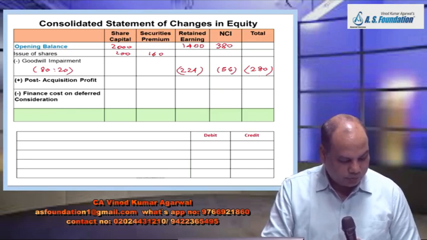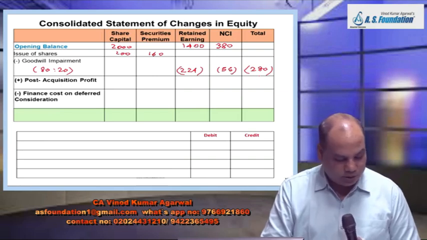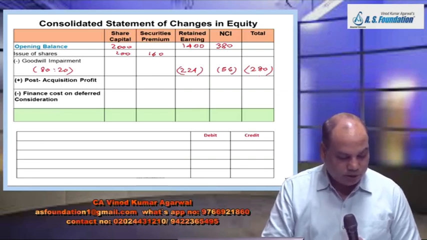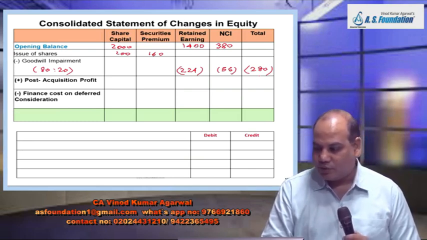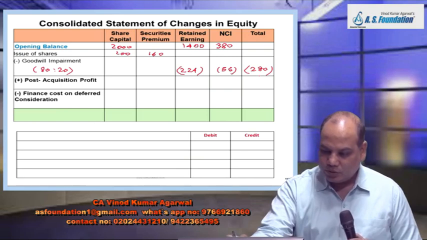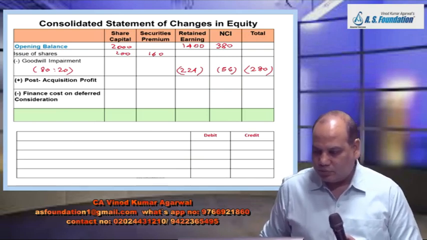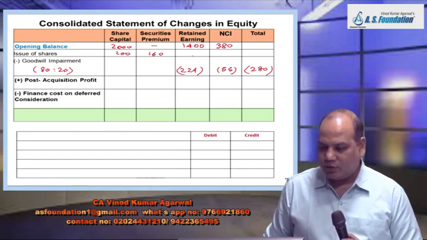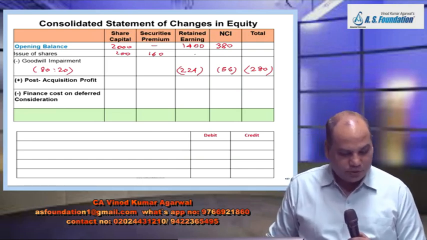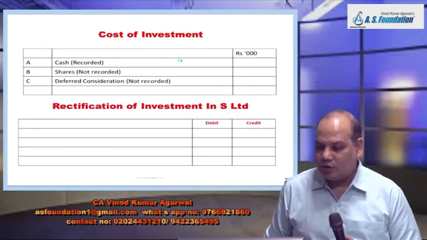Point number 4, P Limited values the NCI using fair value method. Done. At the date of acquisition, NCI was 380,000. That also we have written. So now the closing ceremony will start. But before that, there is one adjustment which is pending. What is that?